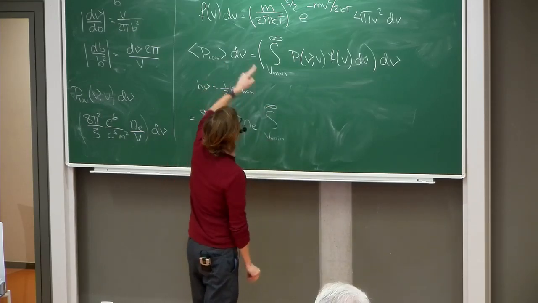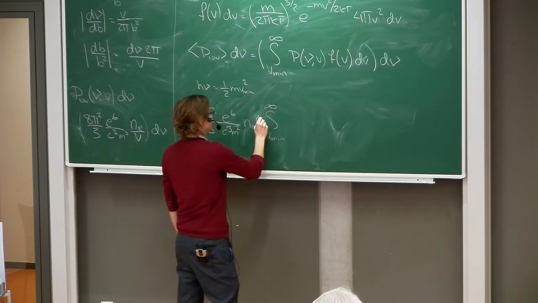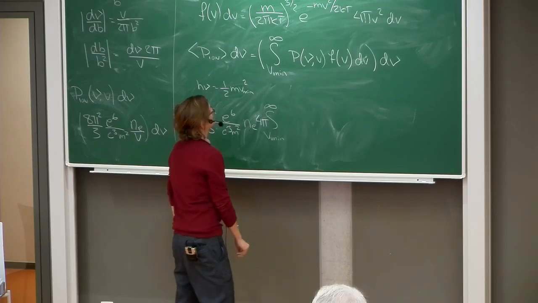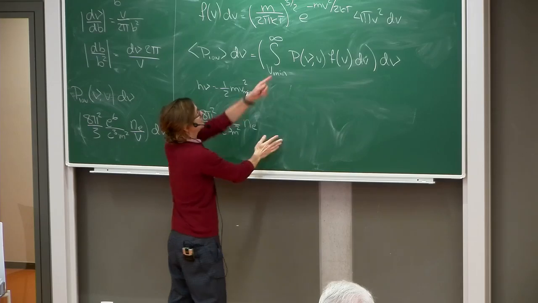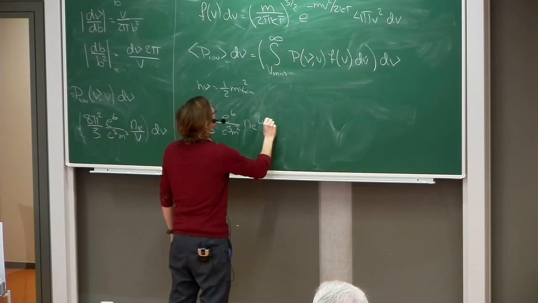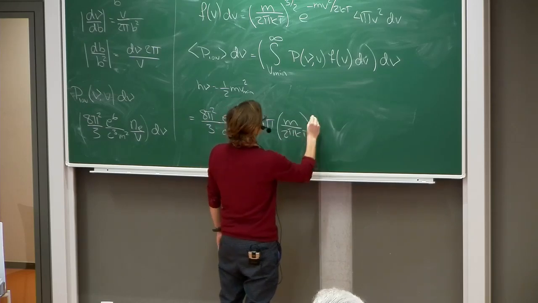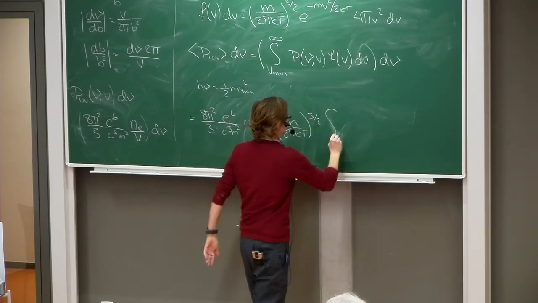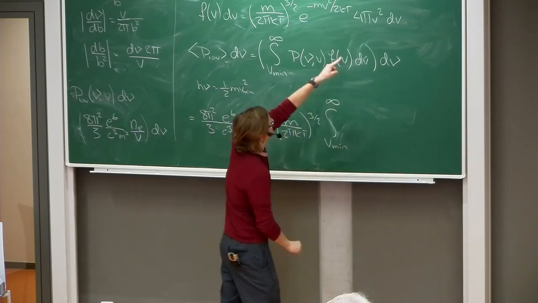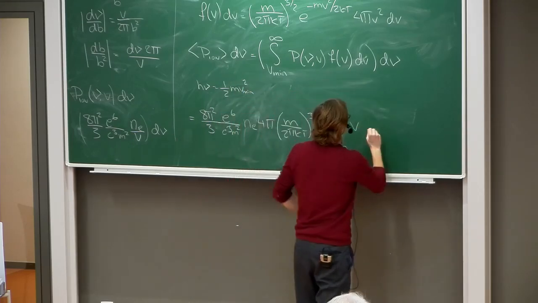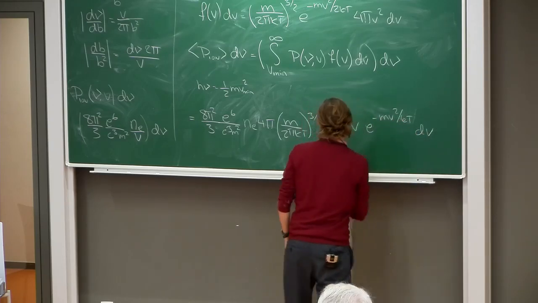We have 1 over v, and we can take out the 4 pi's as well, and this whole thing here, m over 2 pi kT to the 3/2. All of this can be taken out, and then we integrate from v min. We had 1 over v, so one v cancels, so it's v e to the minus mv squared divided by 2kT dv, okay.